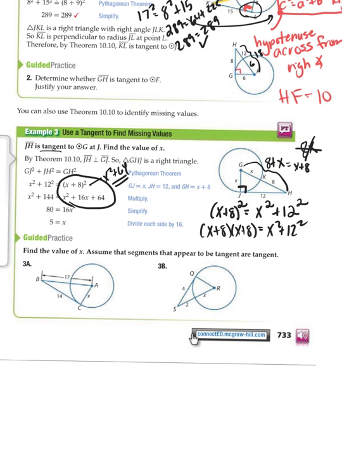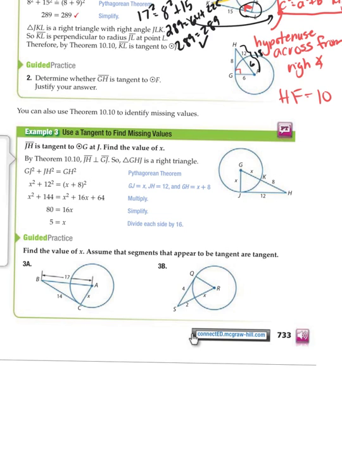We have to FOIL this thing right here to come up with that middle term. Don't forget. Now, in this case, as you can see over here, I hope I can get this to erase without making a mess of this problem. Yay. As you see over here, my x squares will fall out. And that's great because that allowed me to just solve for x.